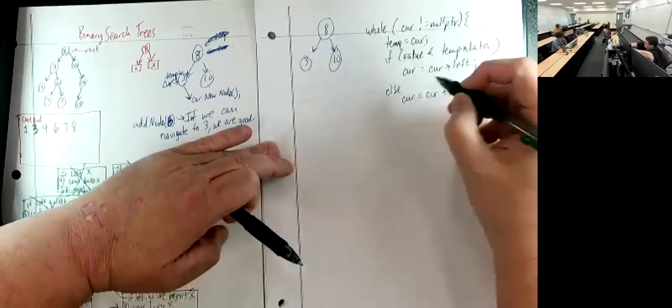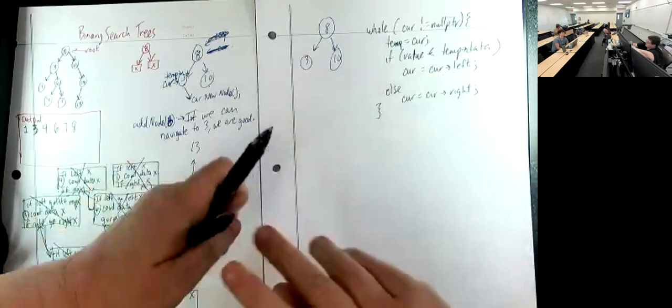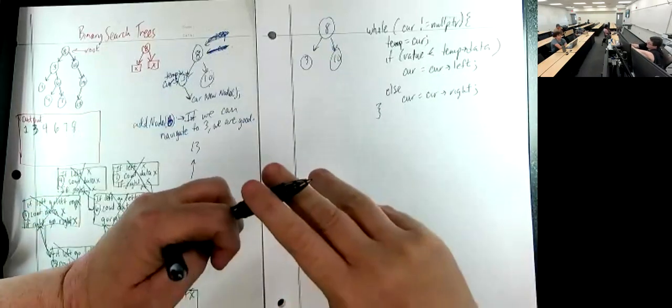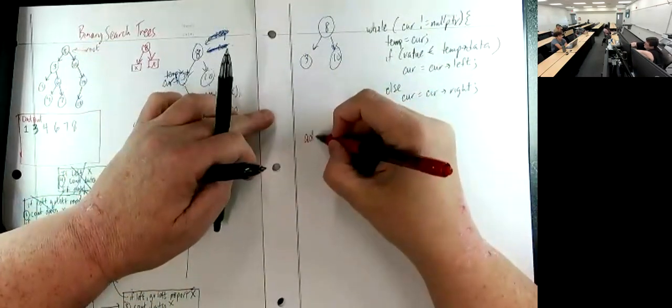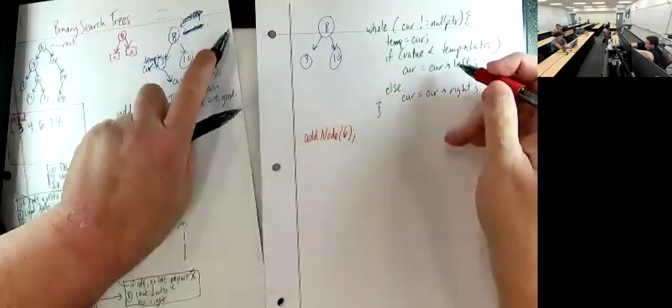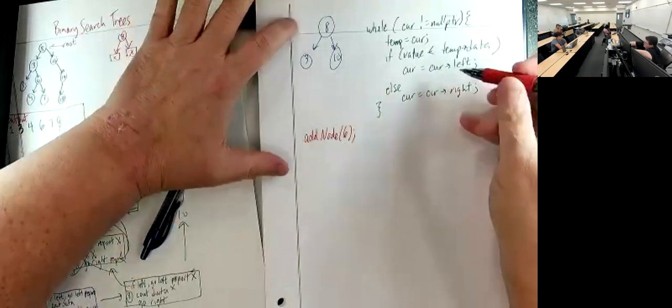So that's the code. So when we do add node 6, temp and current both start off pointing here.